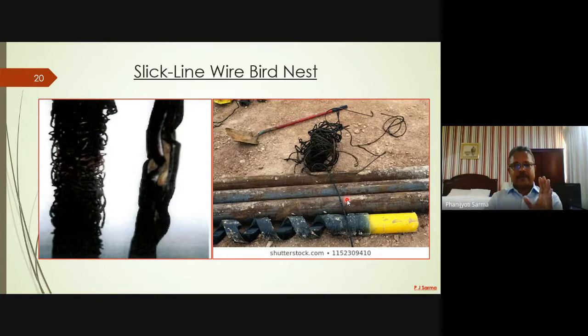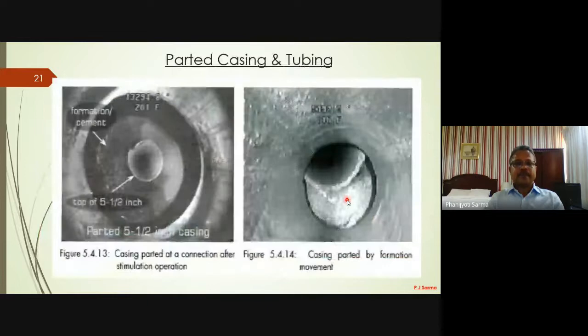All this failed tubing as well as failed wireline getting recovered in the process. This is another failure, the casing getting parted, and the right hand side is the casing parted due to the formation movement.